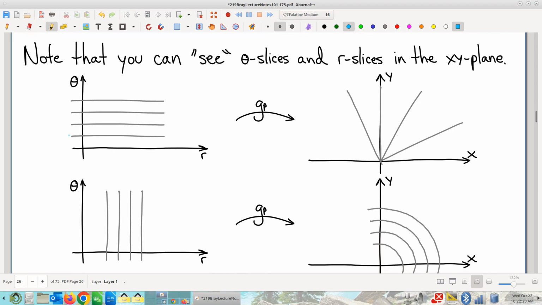Theta slices, the very first step in slicing up your pullback domain, I can see them in the XY plane. It is just as good to visualize them here using the original domain as to visualize them there using the pullback domain. It's all the same stuff. You're going to get the same answer, so why not do it the easy way?